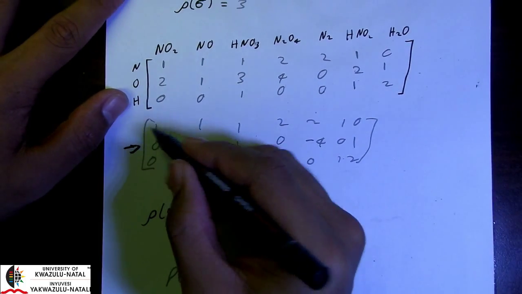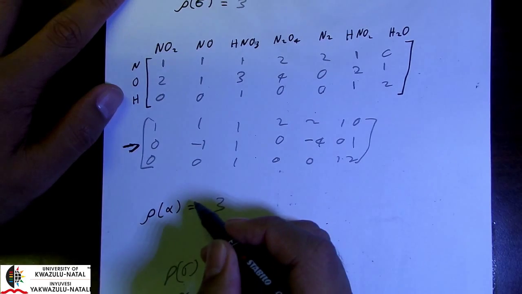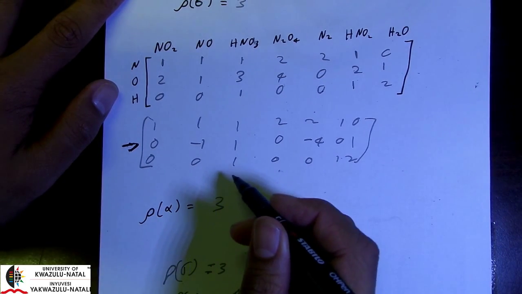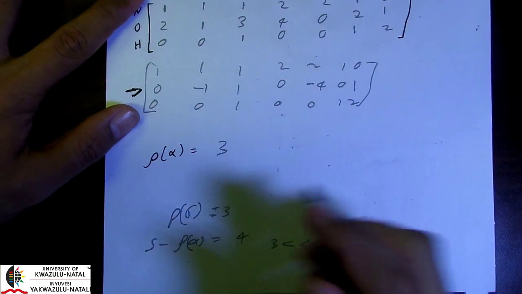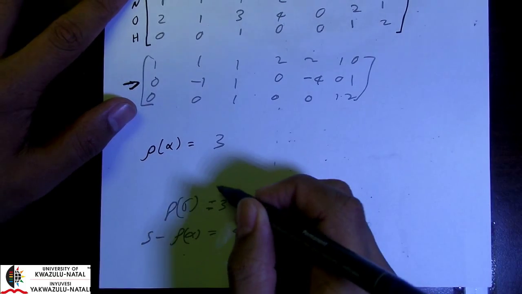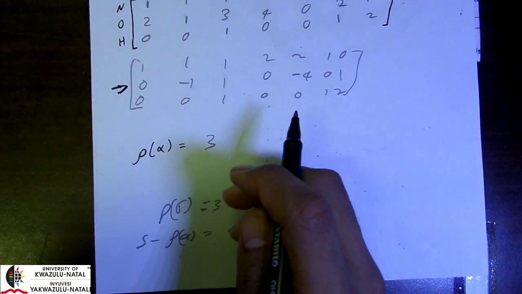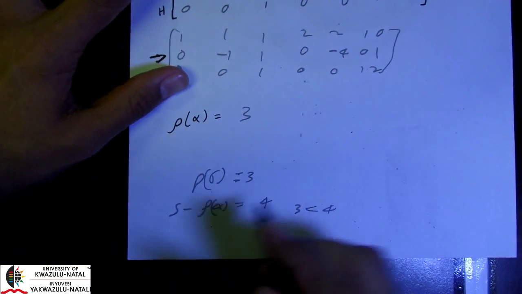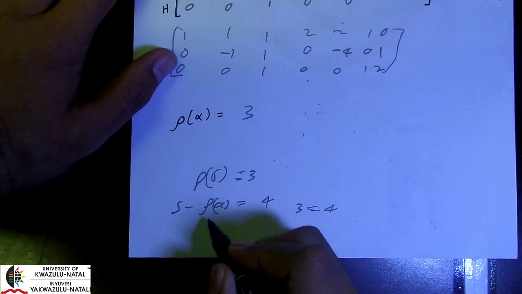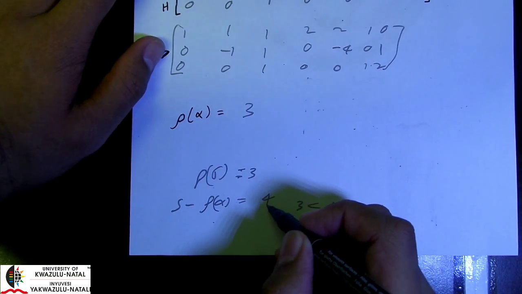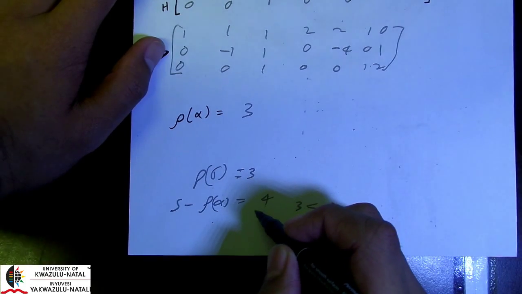We note that even with a row reduction, we still have 3 independent element balances. So we have rho of sigma being equal to 3, which is the left hand side of this equation here. And we have our number of species minus our number of element balances being equal to 4. 7 minus 3 is 4.